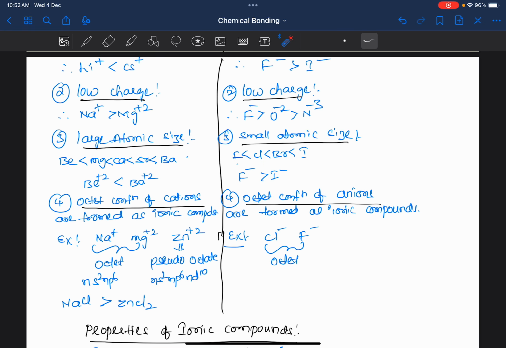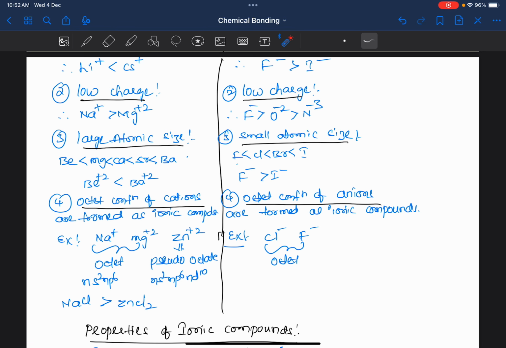For example, I took two compounds, sodium chloride and zinc chloride. Here we have to identify which compound is ionic. Sodium chloride is ionic.